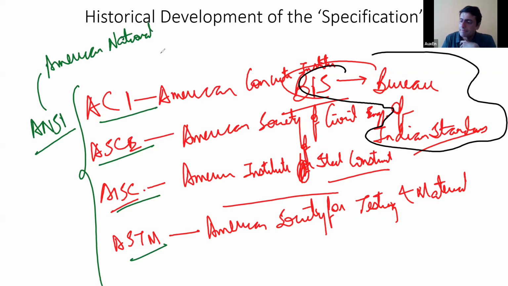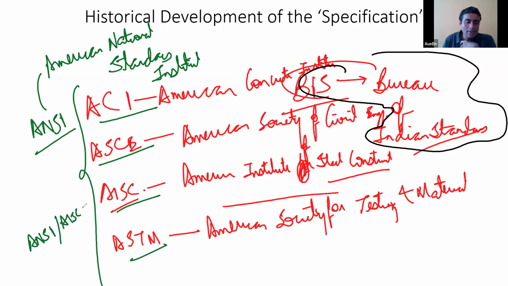Therefore, many times you will see the code name as ANSI/AISC, and maybe let's say 360.